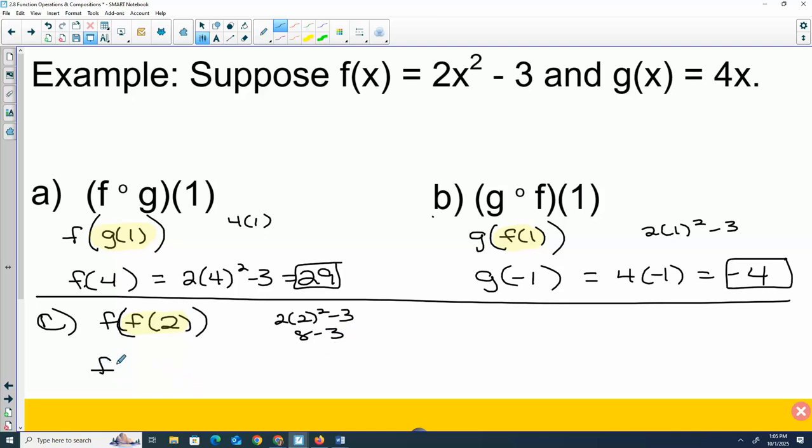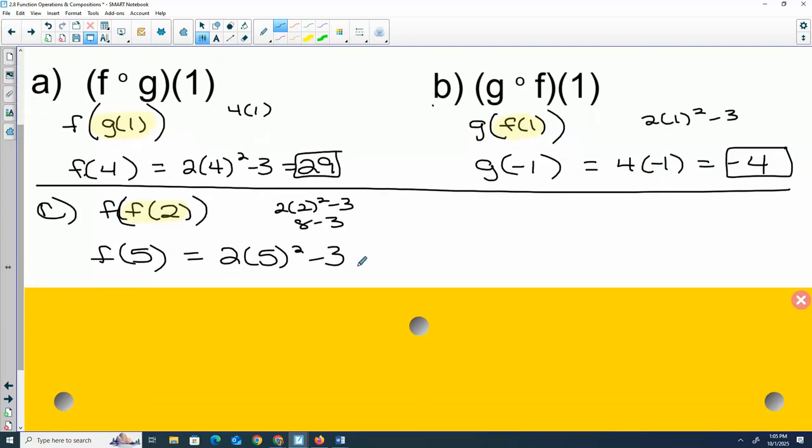And then we have f of 5. So I'm going to plug 5 back into f. So you can compose with the same function over and over again.